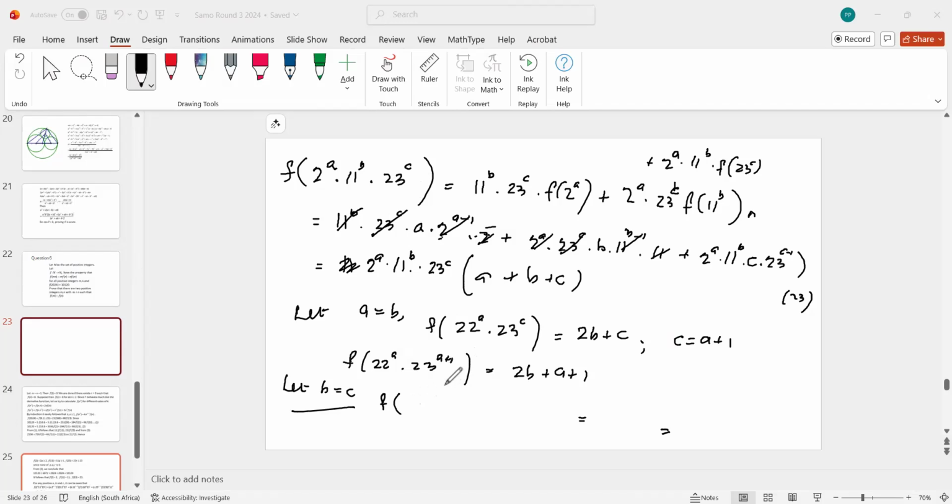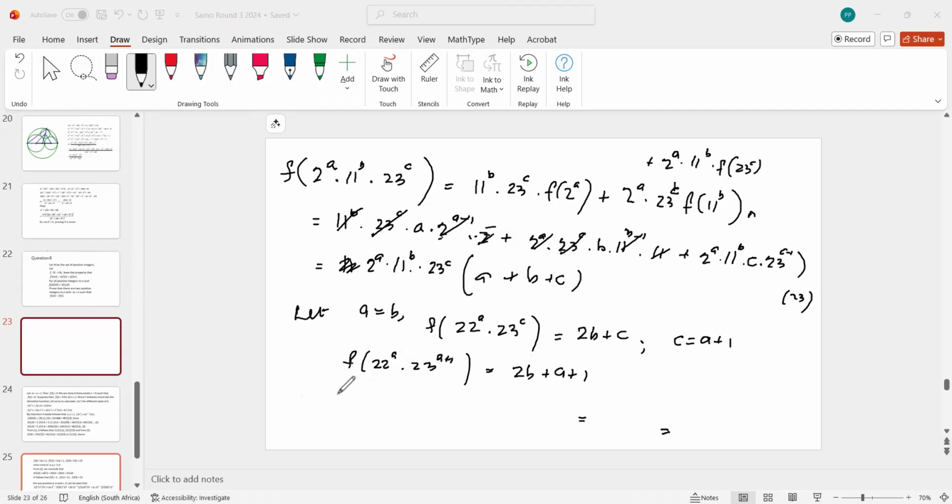You want still a equal to b. Sorry, this is very tricky at this stage. I'm going to do this.